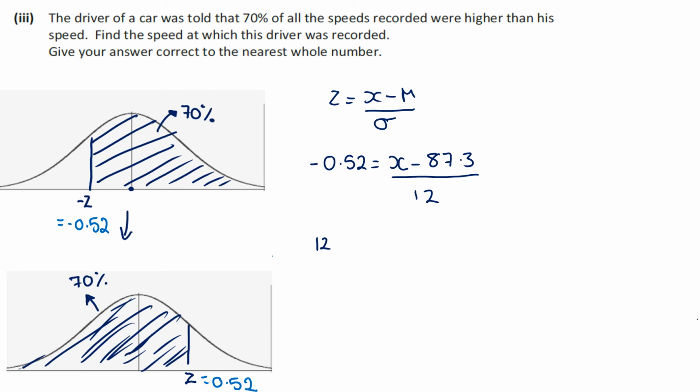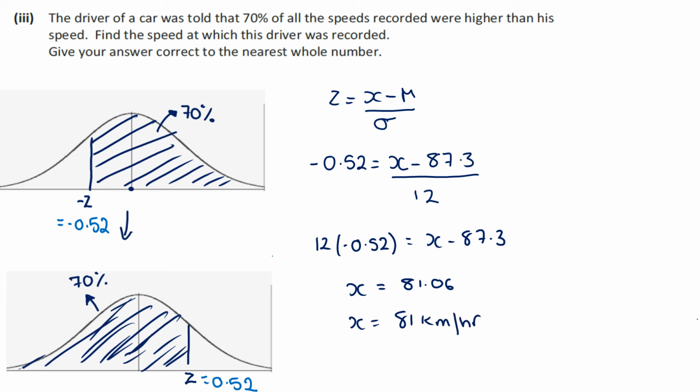Working that through, I get 12 times negative 0.52 is equal to X minus 87.3. And that gives us X equals about 81.06, and they said correct to the nearest whole number, and it's about 81 kilometers per hour. So that is the speed that this driver is doing.